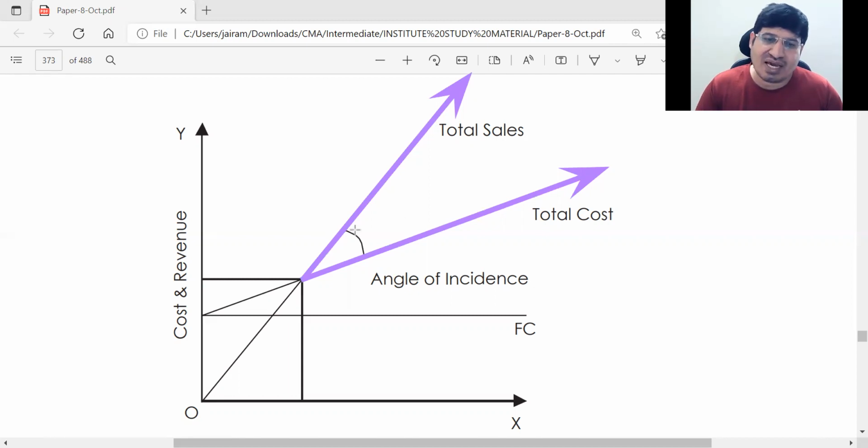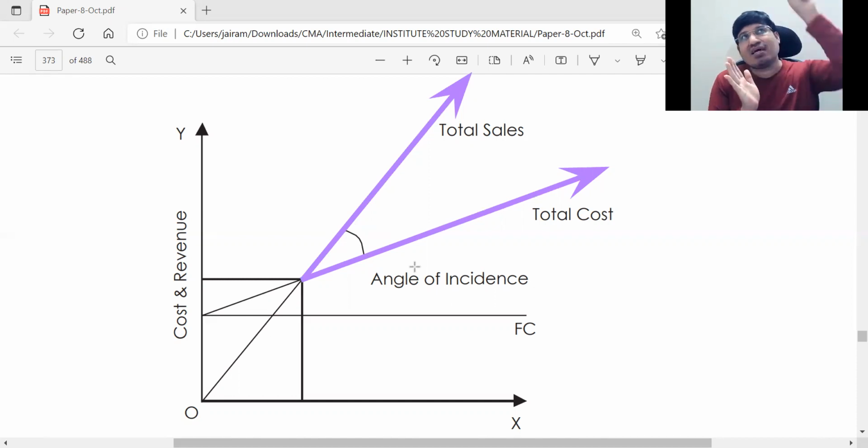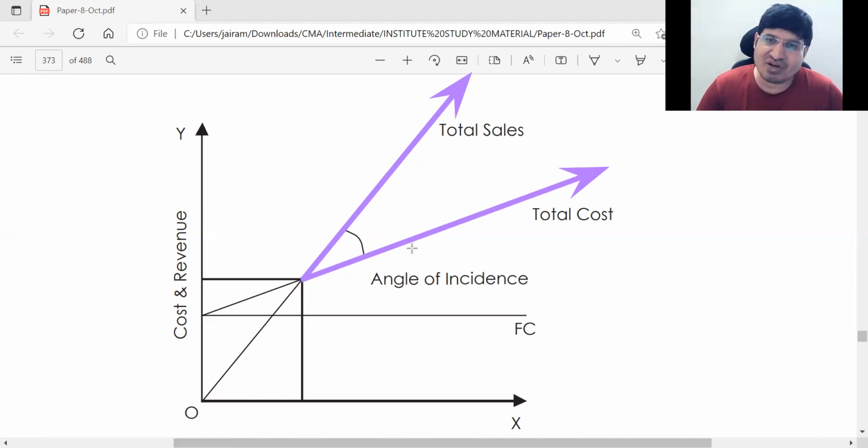But the angle doesn't change. एंगल आप कितना भी बढ़ाते जाओ, वो एंगल चेंज नहीं होता, राइट? So which is why with increase or decrease in number of units, your angle of incidence doesn't change. This is one thing.